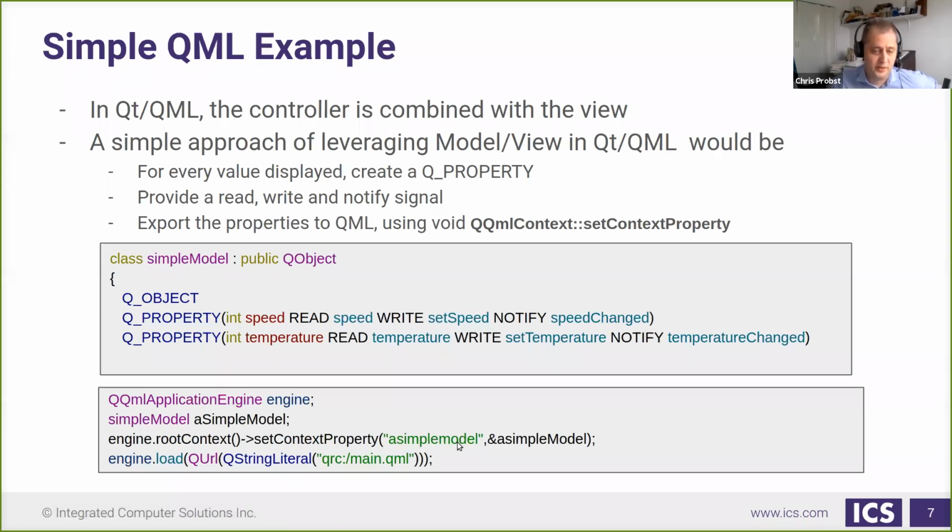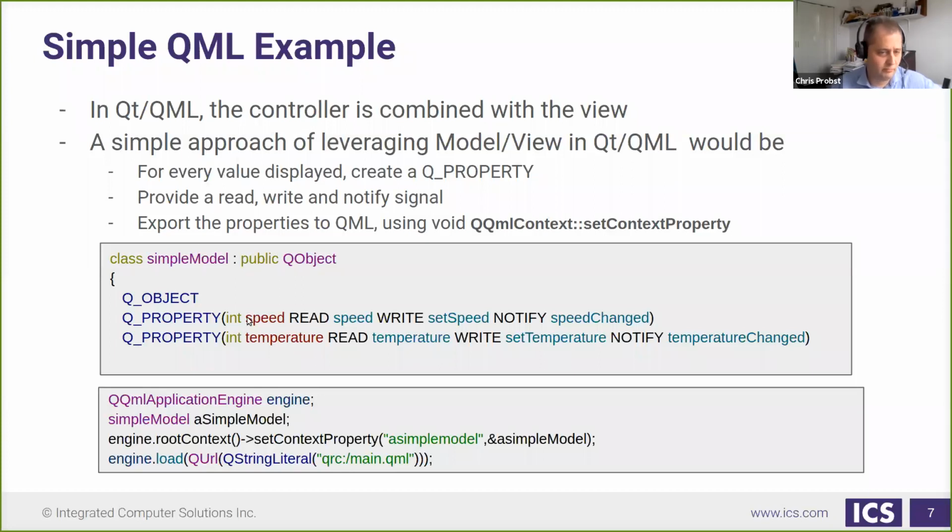If I need to display the speed property or the temperature property, I just refer to it as simpleModel.speed or simpleModel.temperature. And with the property bindings that QML provides through the notify signal, if these properties change, they will influence other properties that they are bound to within the UI.